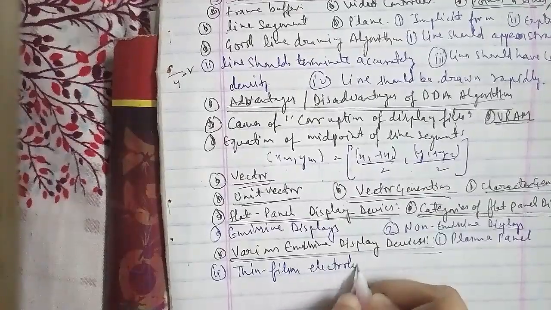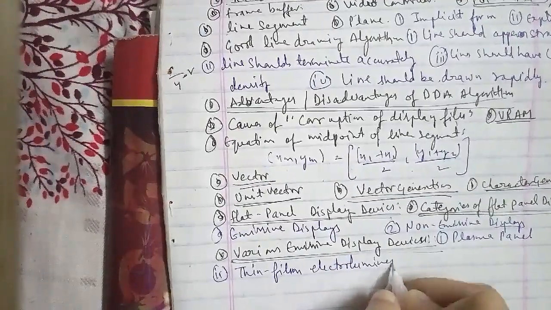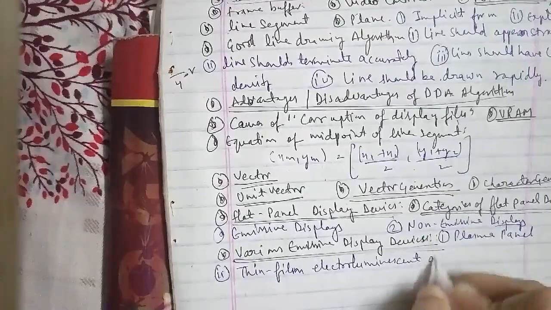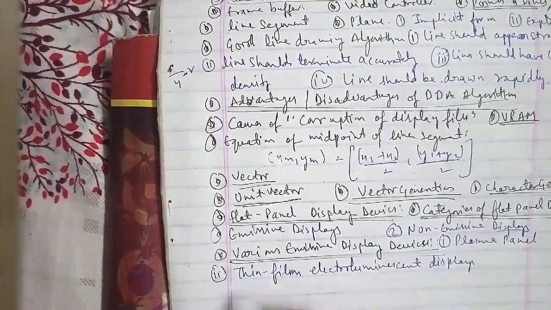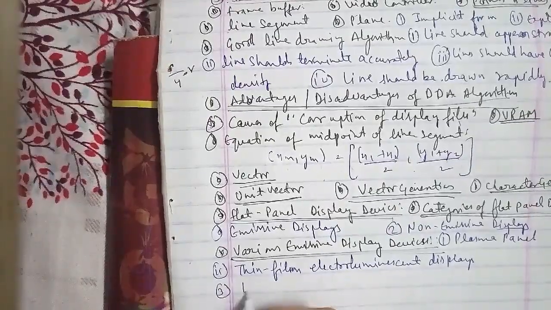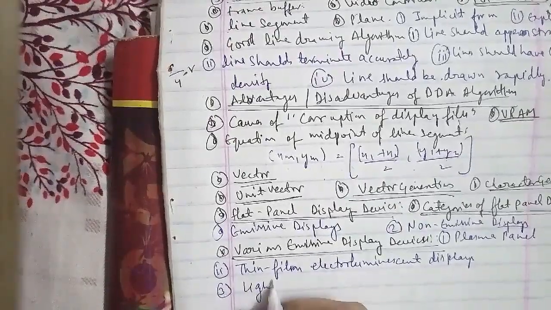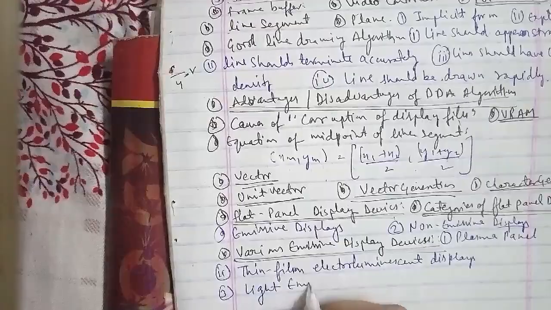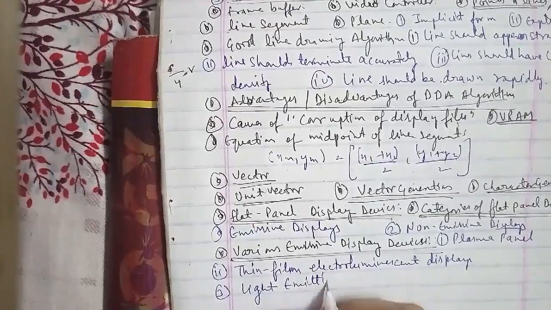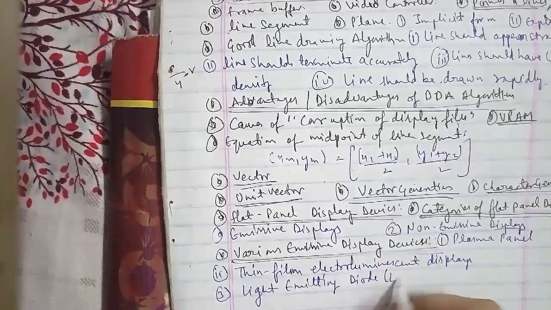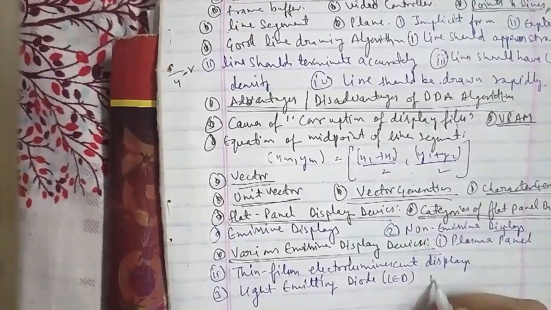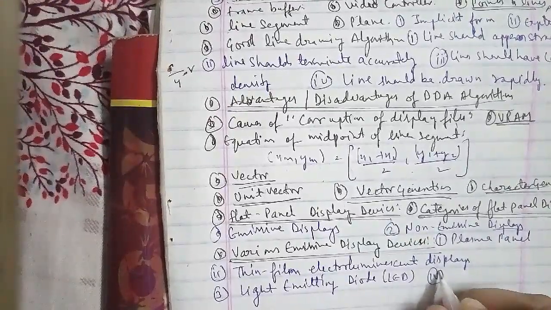The third we have is the light emitting diode, which is LED. The fourth we have is the liquid crystal display, so that is the LCDs.